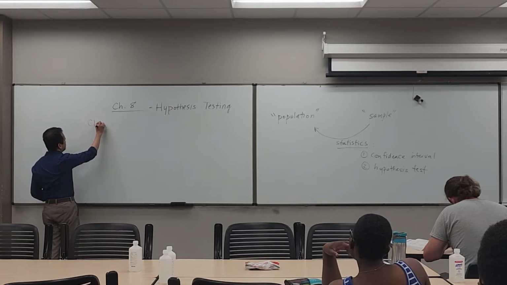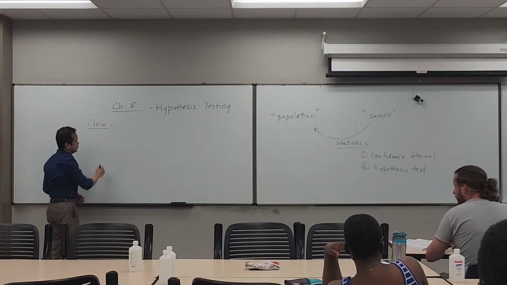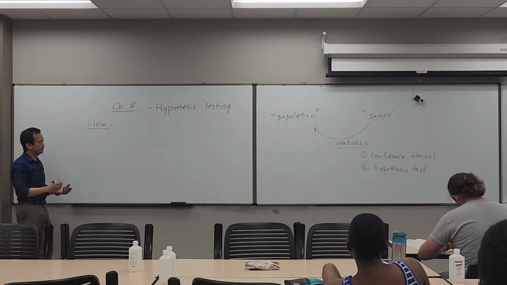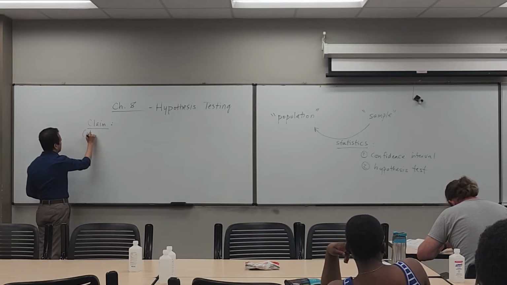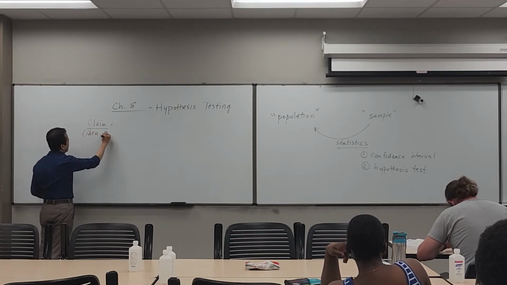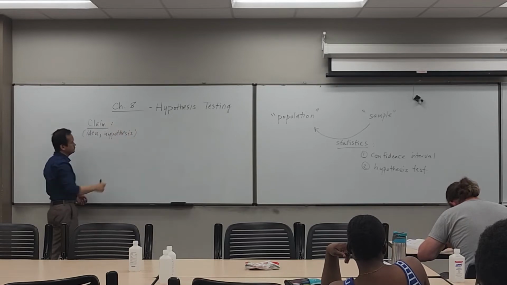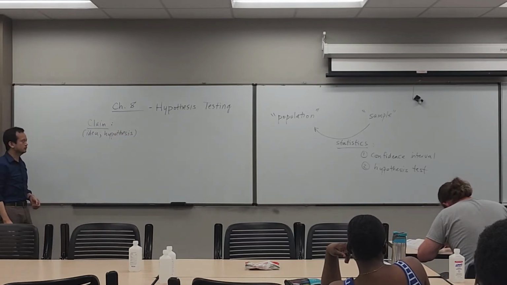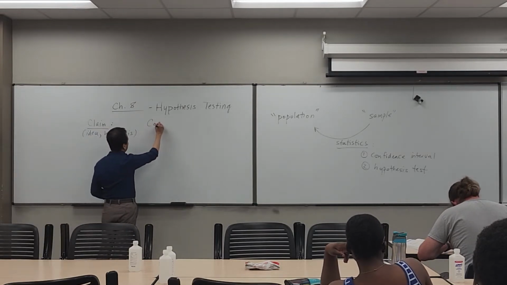We always start with a claim. A claim or an idea or a hypothesis, all the same thing, but usually it's called the claim. And in this case, the claim is that the coin is unfair.